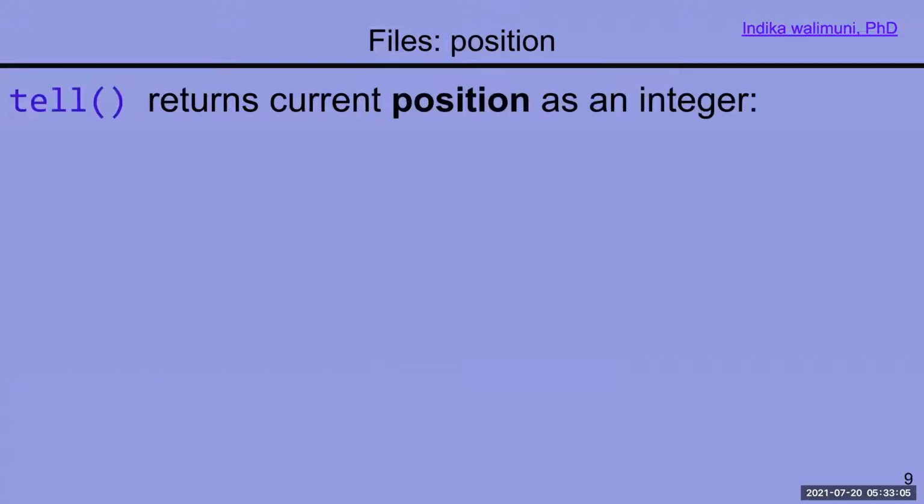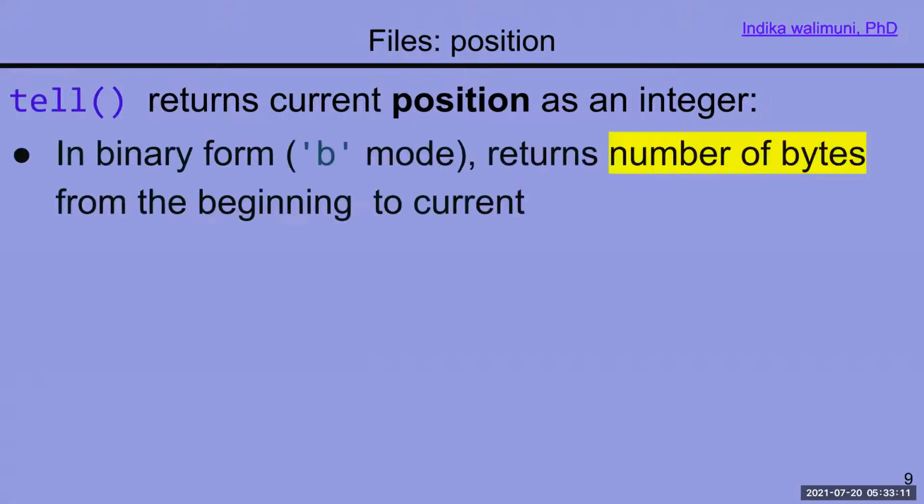All right. So tell returns the current position as an integer. In binary mode, and we'll learn that further in our next lesson, the number of bytes from the beginning to the current position is returned.